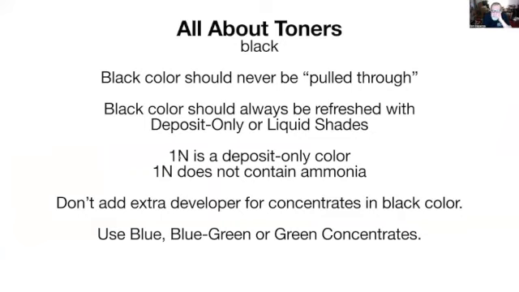It only contains aminomethylpropanol, which is the alkalizer you want to use in deposit only colors. The reason that I say don't pull a regular 1N through the hair, you can do it with permanent chromatics 1N because it does not contain ammonia.